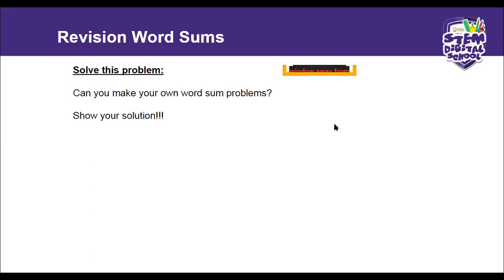So actually everyone of you can do a word sum. Okay, so Sonia says that they are 13 in class, and one ice cream costs 5 rand.